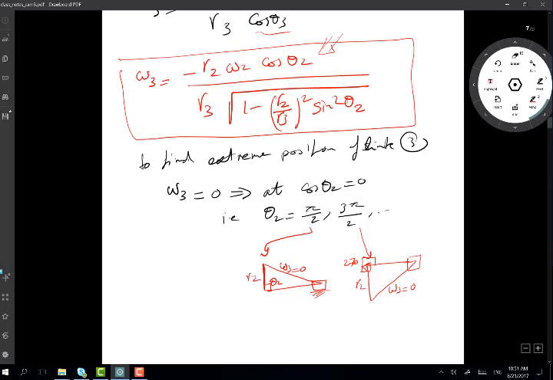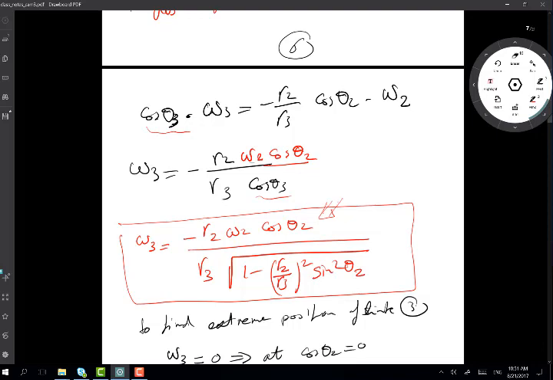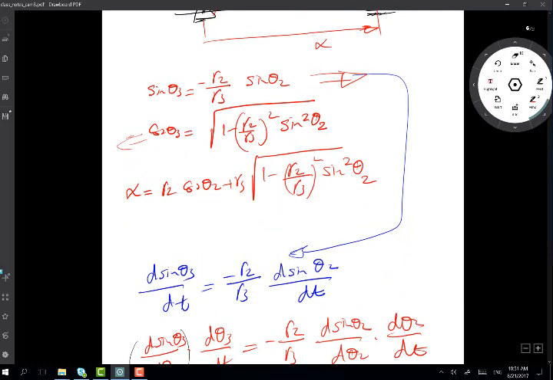So now you can tell this is the maximum travel for the conrod upwards and downwards, which happens when theta 2 is equal to either 90 or 270. You can get more info from that: the angle theta 3 at this specific point in time, because you can go back to the expressions for sine and cosine theta 3, plug those angles in and find the value of theta 3.